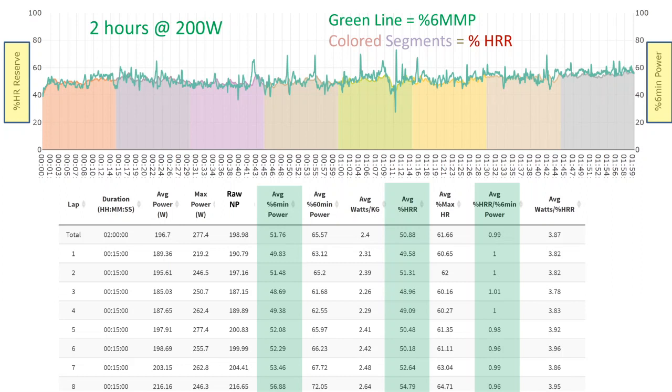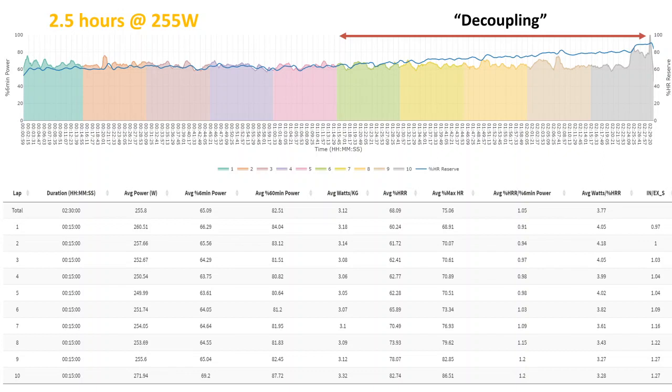Now, if I go to this scenario, I've increased the load to 255 watts, which for me is right in the middle of my threshold. Now what we see is that initially those two are again aligned, pretty close to 1 here, but then it starts to shift and heart rate starts to climb relative to power.